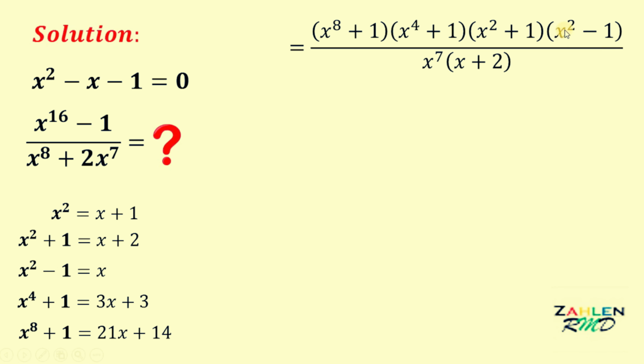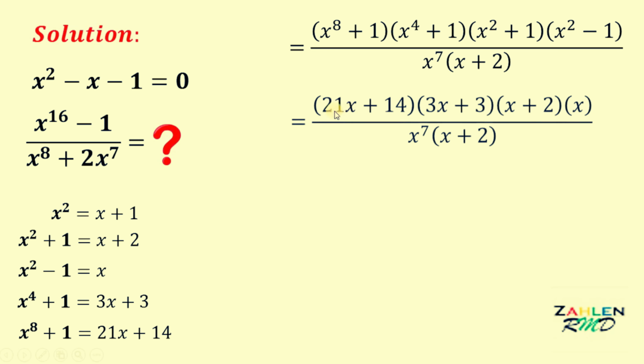Those expressions are familiar because we know that x squared plus 1 must be x plus 2, x squared minus 1 is x, x to the fourth plus 1 is 3x plus 3, and x raised to 8 plus 1 must be equal to 21x plus 14. Therefore, we can substitute all those values into our expression.